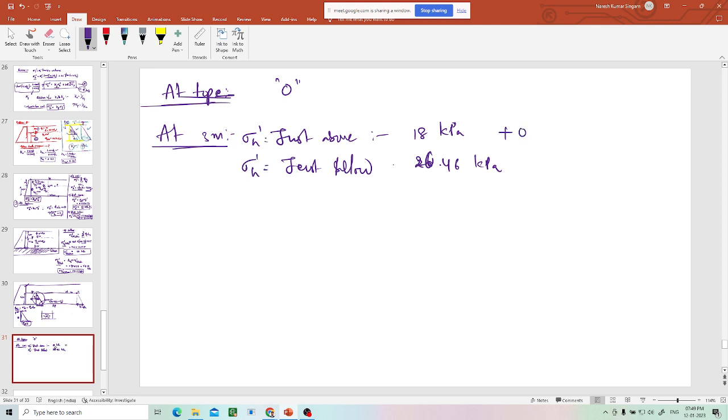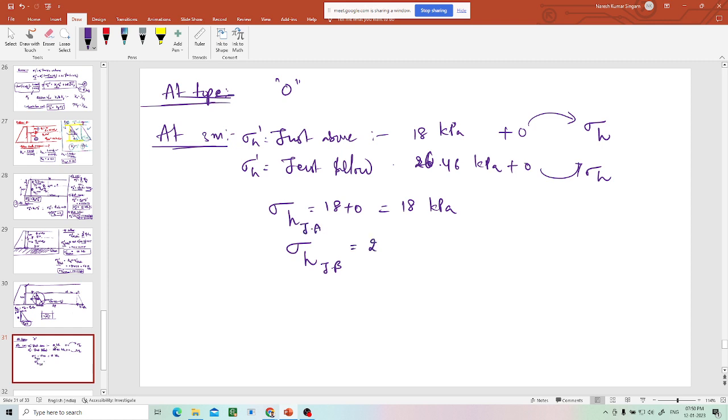You also have to add water to get total sigma h. So here total sigma h is 18 plus 0, 18 kPa. Just below, it is 26.46 plus 0, 26.46 kPa. These are total, and those were effective.